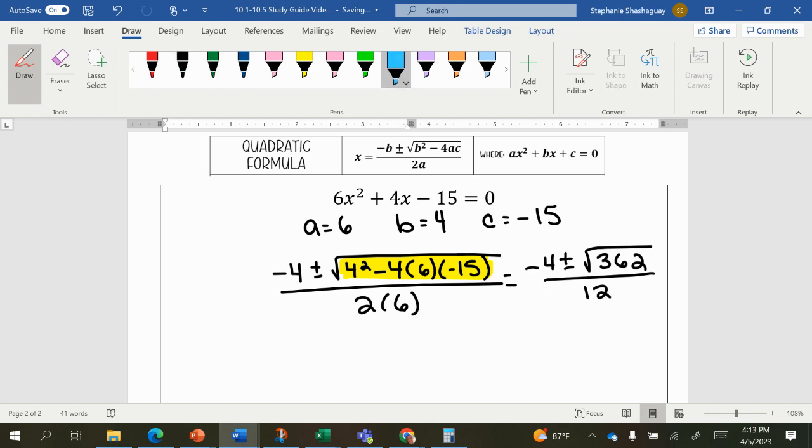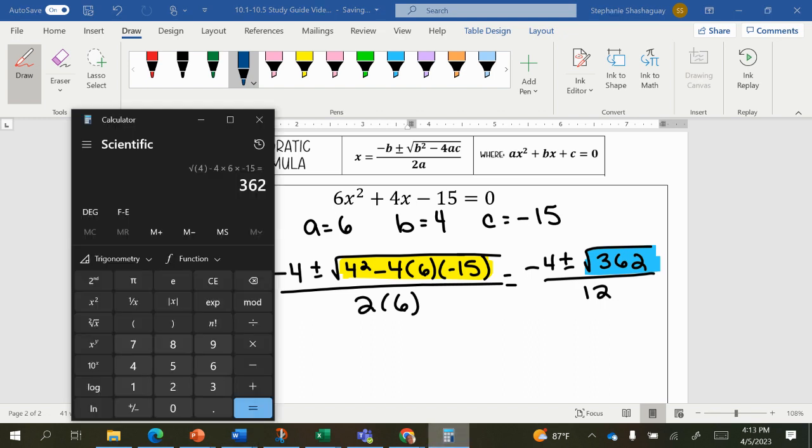Now I need to simplify this radical. So I'm going to take the square root of 362 and start to simplify it. The easiest way to do that is to divide it by 2.